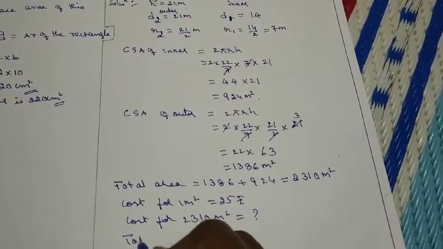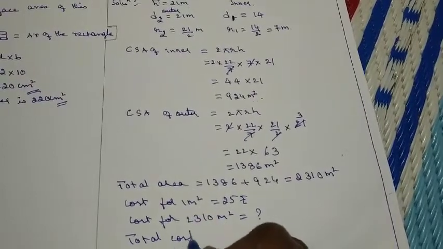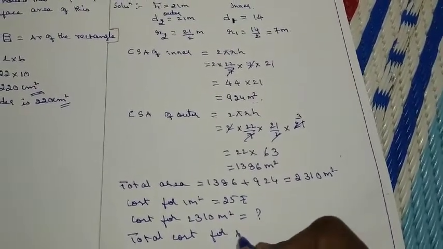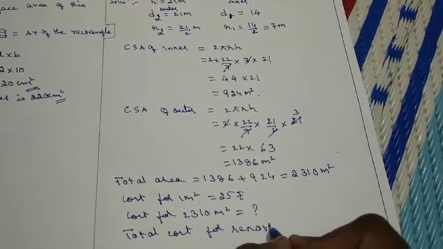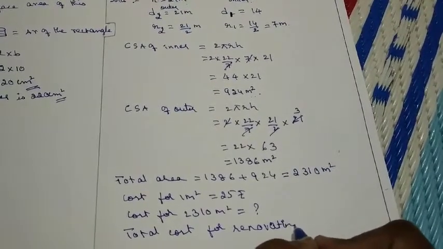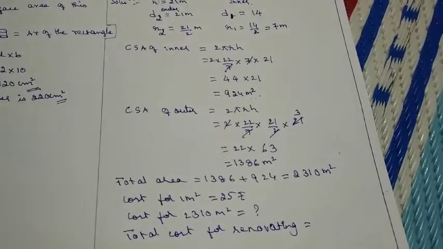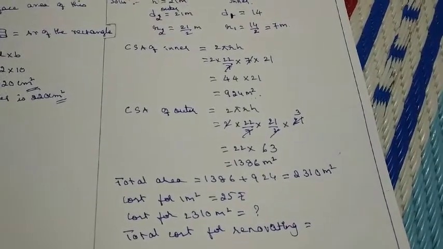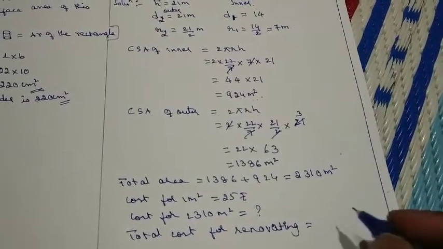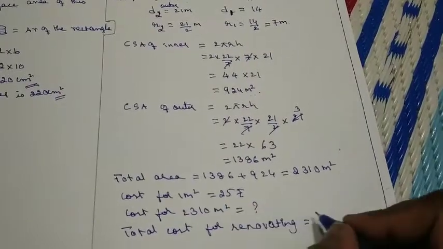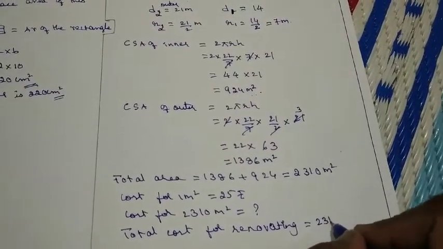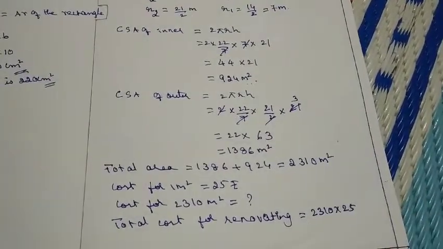Therefore, total cost for renovating we will get if we multiply these two, that is 2310 into 25.